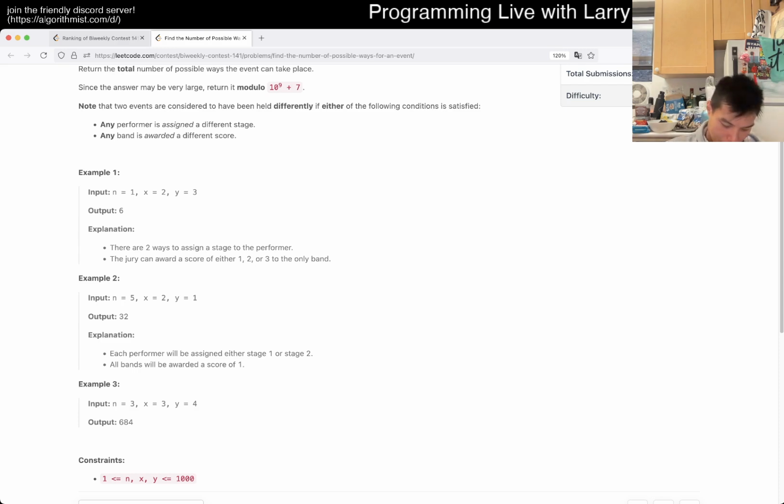Okay, so you have 1 stage. No, you choose 3 stages, okay. And then, oh, but it's not 3 to the n because every person has, each stage has to be in one of them.